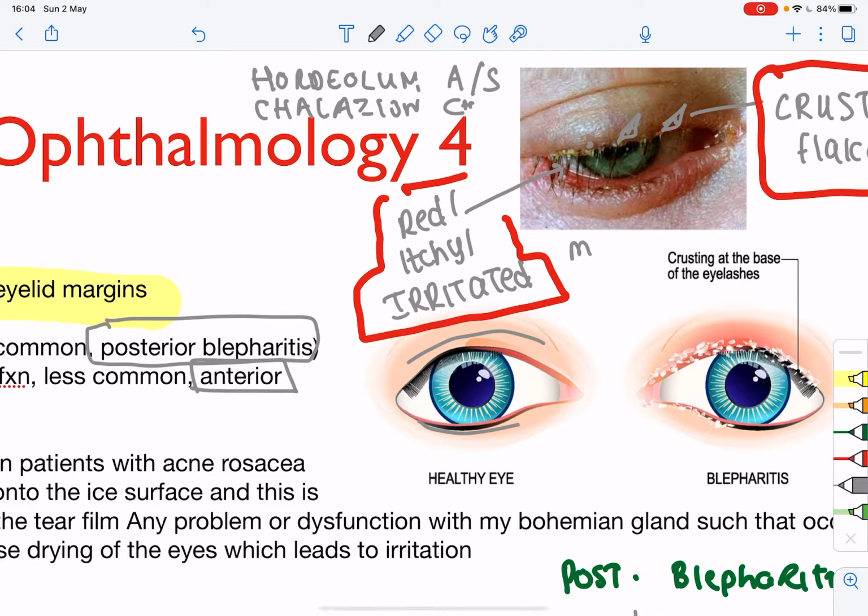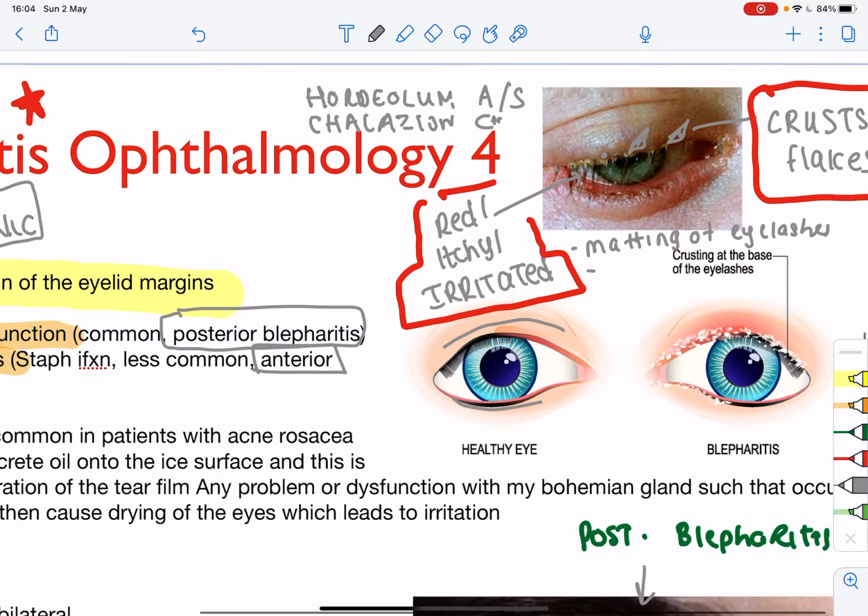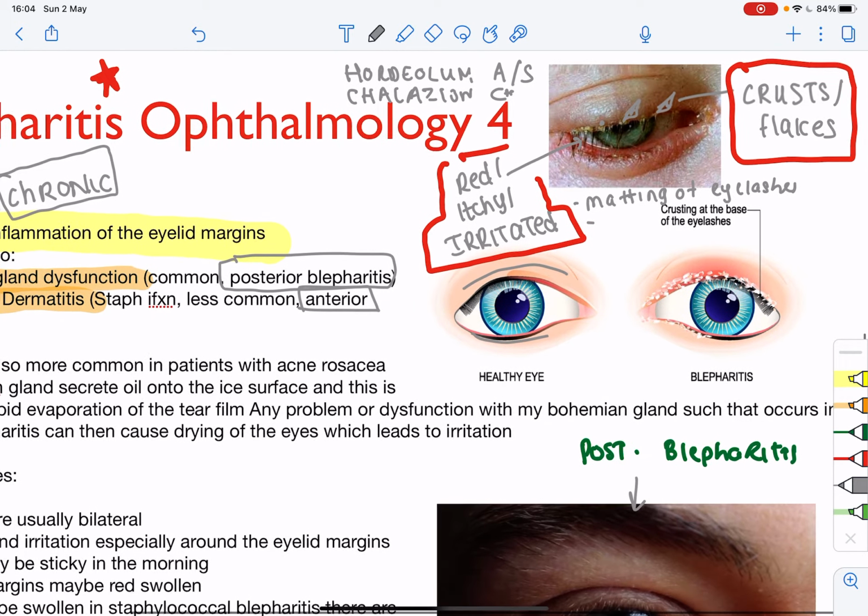There is matting of the eyelashes because they are typically wet when the patient wakes up. So when the patient wakes up in the morning, there's matting of the eyelashes, and a red, itchy and irritated eye. So you have those symptoms that we already have of inflammatory eyelid diseases.